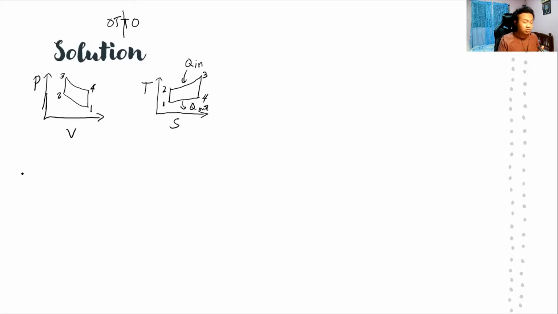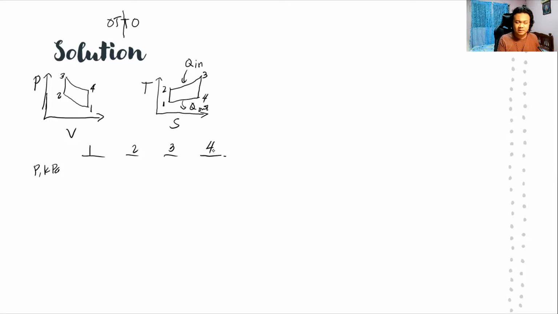So how do we solve this? For easier solving, I recommend what also has been taught to me, to list all the states, so the properties of the states, like the pressure, the volume, and the temperature. Okay, so we are given here T and P, diba? And then we have states 1, 2, 3, and 4.